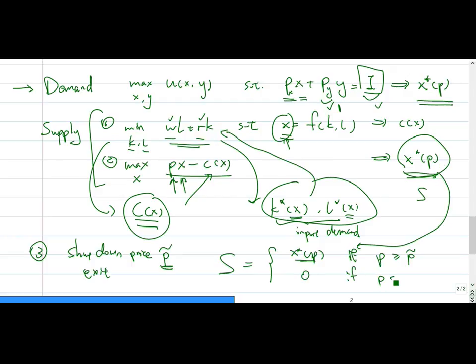Otherwise, we don't produce anything. So again, these two are the main steps of finding the supply. First, minimize cost to get cost as a function of quantity only, and then maximize profit in terms of quantity. Then we get the main portion of the supply curve.